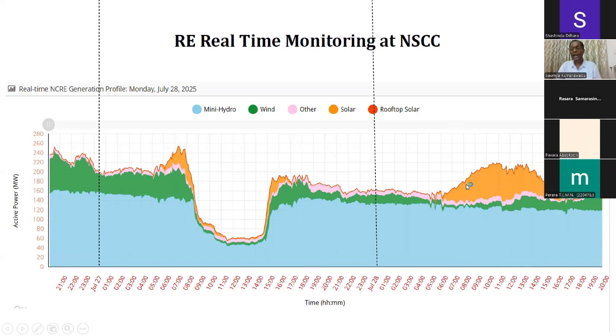They are ground-mounted solar. Rooftop solar is not here actually. Then wind, and the light blue color is mini hydros. You can see on Saturday we had a considerable amount of wind and ground-mounted solar also.